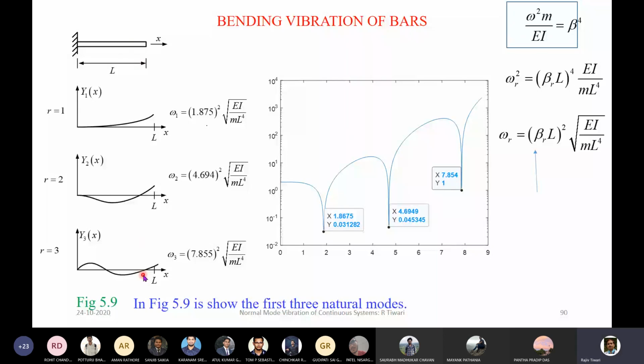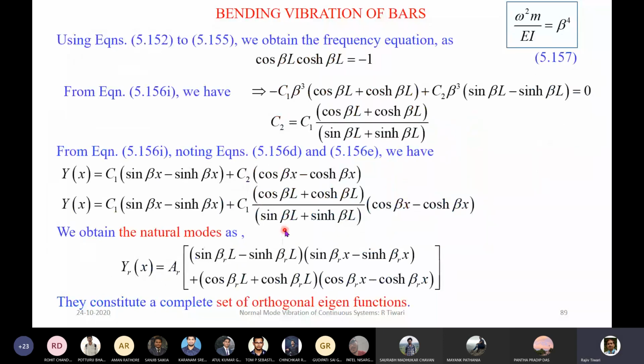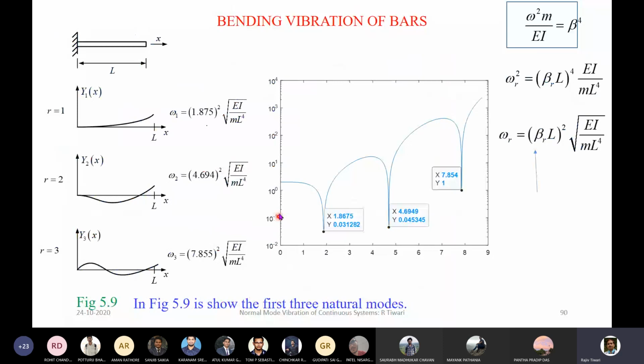This is basically the plot of the frequency equation. The frequency equation is this. If we bring this to this side, cos beta L times cosh beta L plus 1, we define this as a function of beta L. And if we plot that function, we will get this kind of variation. This is the beta L variation.